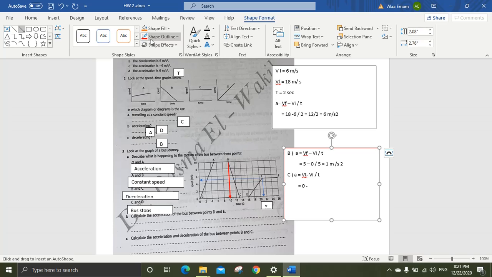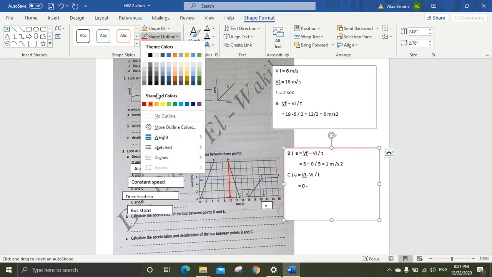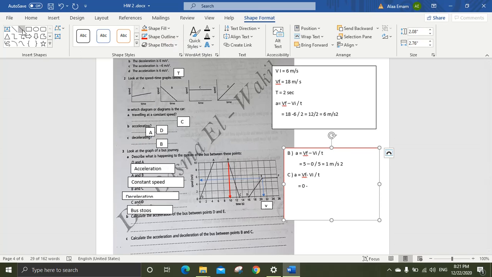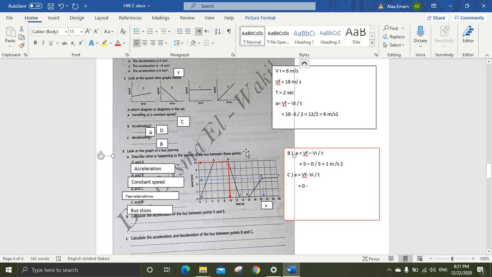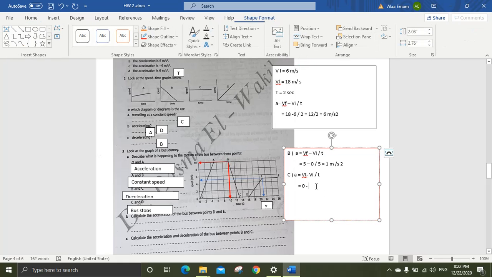Again, we need to draw another line to intersect the y-axis. So from B, what is the speed here? Obviously it's 10. So 0 minus 10 and divided by time. What is the time interval taken to make this change?